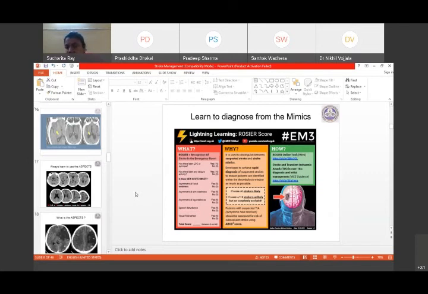Okay. Now for dabigatran, which has a relatively longer duration of action, many of the people actually recommend a reversal of dabigatran using idarucizumab and then thrombolyze. Okay, now that's the way it goes.